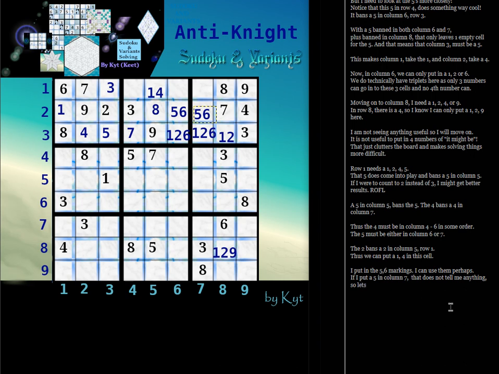So let's say I put a 5 in column 6. If I were to, then I could not also put a 5 in column 4.